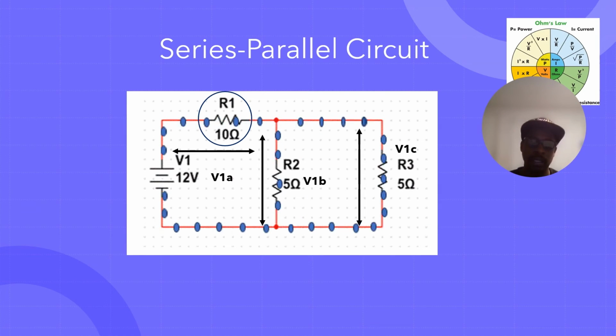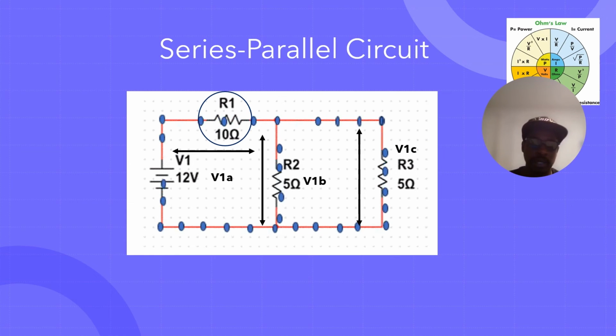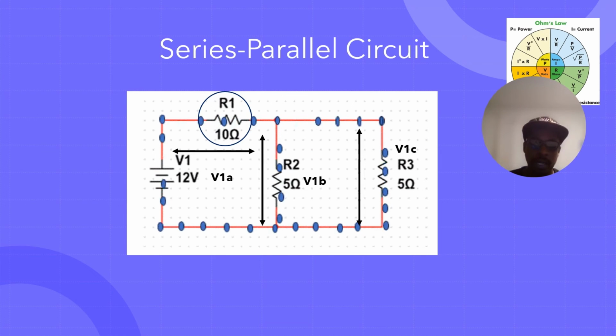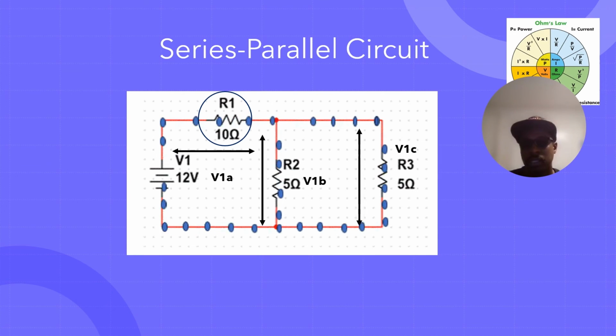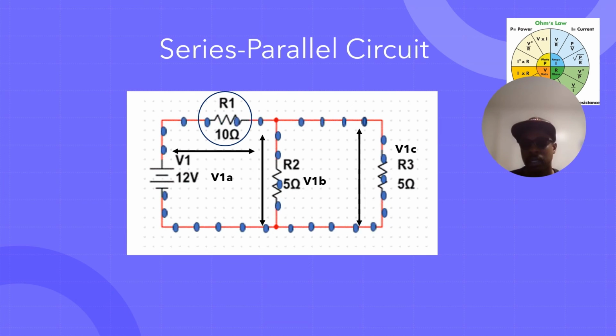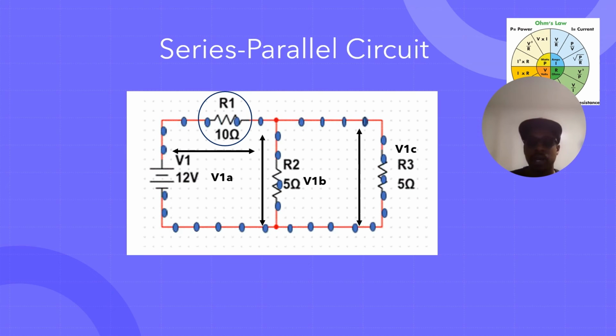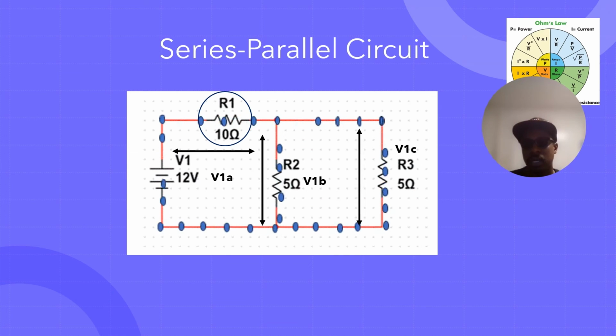Now let's look at a combination circuit, which we call a series parallel circuit. In a series parallel circuit, we have a parallel section and a series section. In this section, as you can see, R1 makes up the series part of the circuit, and then it branches out, dividing into R2 and R3, right?